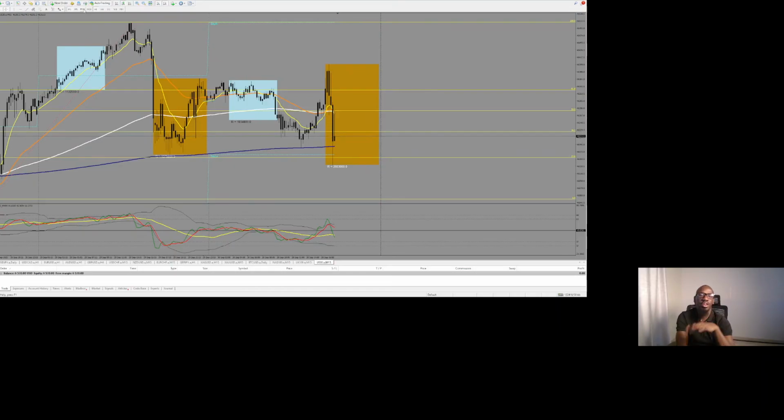Remember, at any one time, we are only going to be interested in what price is doing at certain points of interest. The area that we are currently observing is what we call a point of interest because of all of this.